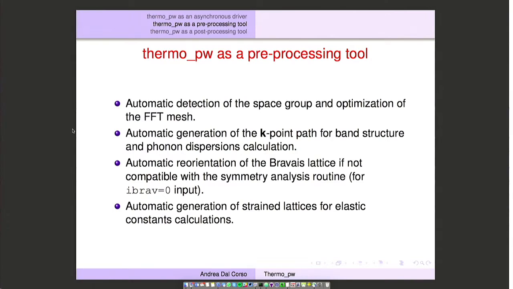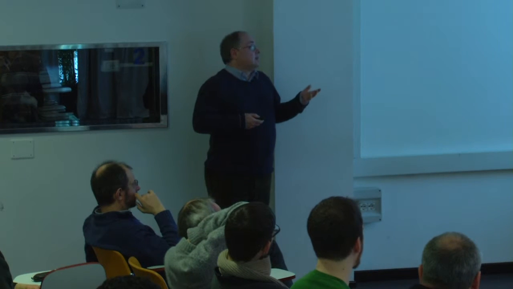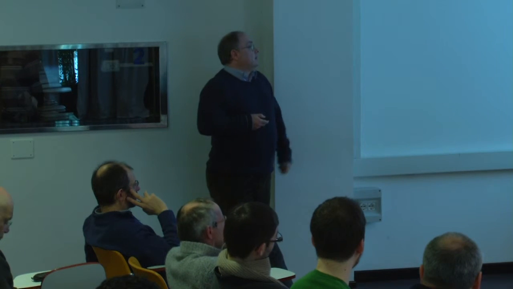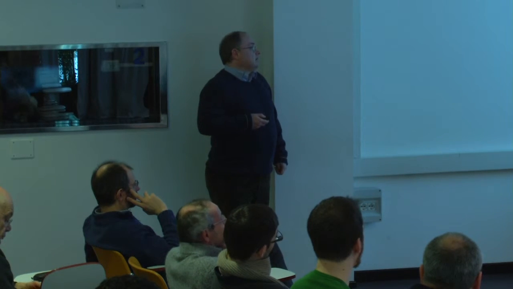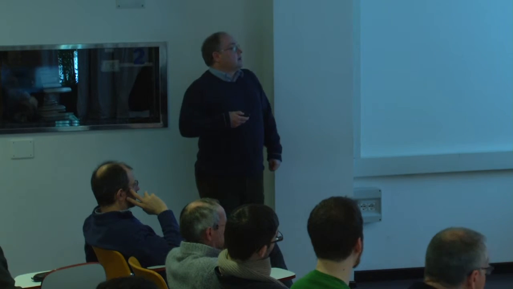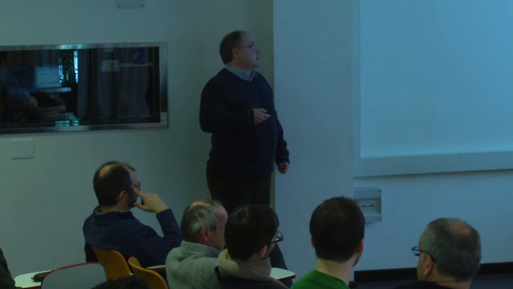So an interesting possibility is that Quantum ESPRESSO rotates the Bravais lattice in the direction that it wants, to have a symmetry compatible with the direction of the Bravais lattice. And then automatic generation of strained lattices for elastic constant calculation, available for some lattices.